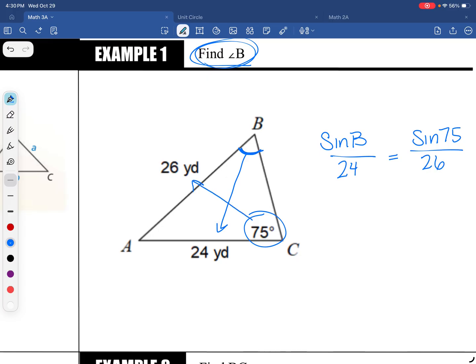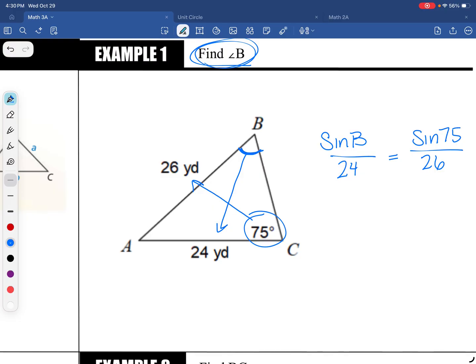So 26 is going to go on the bottom. Okay, now when these are set up in proportions, we can cross multiply to solve these. We can just use whatever solving techniques you are already feeling comfortable with.